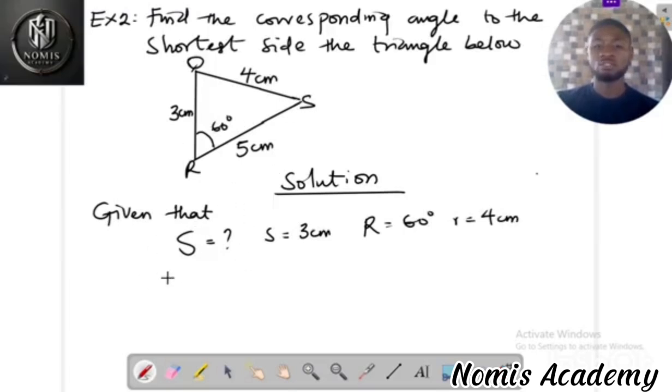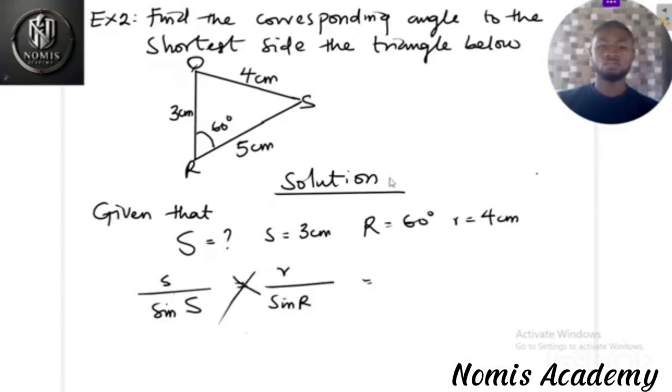So what I'll just do is small letter s all over sine capital letter S is equal to small letter r all over sine capital letter R. To make capital letter S the subject of the formula, when we cross multiply, sine capital letter S multiplied by r is equal to sine capital letter R multiplied by small letter s.